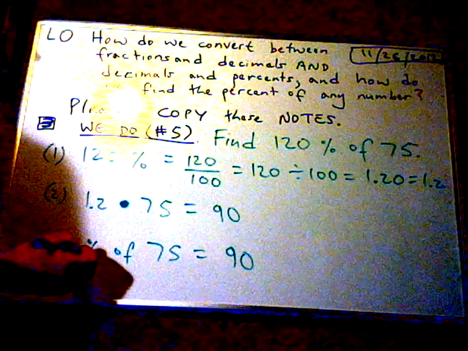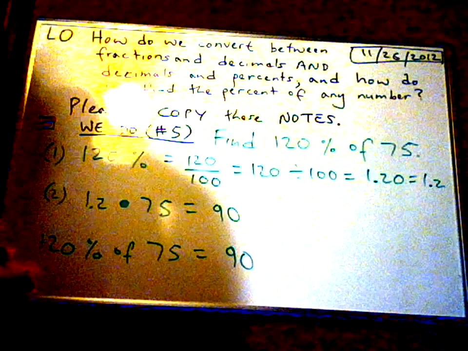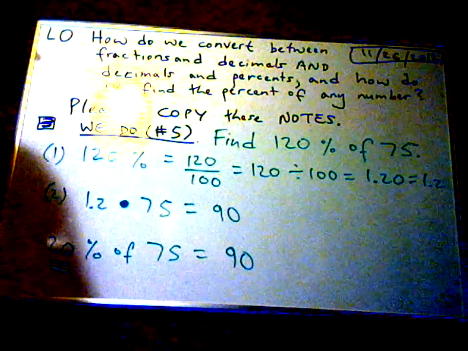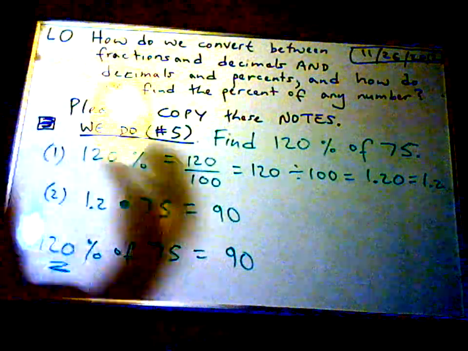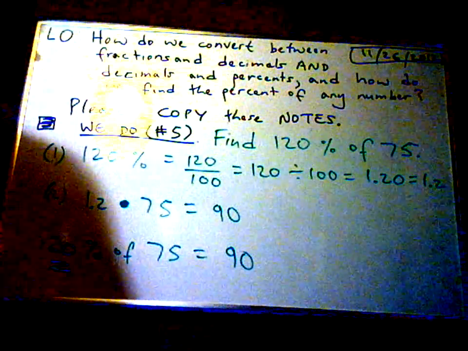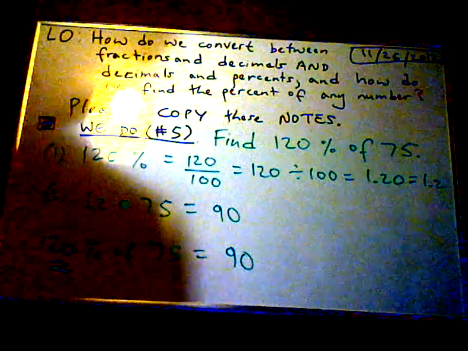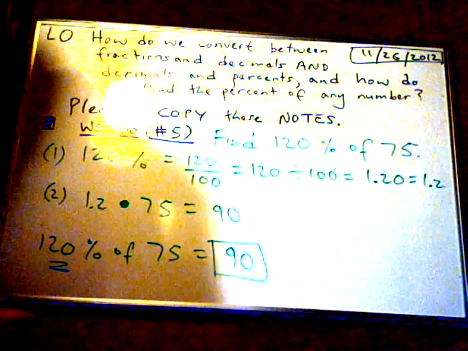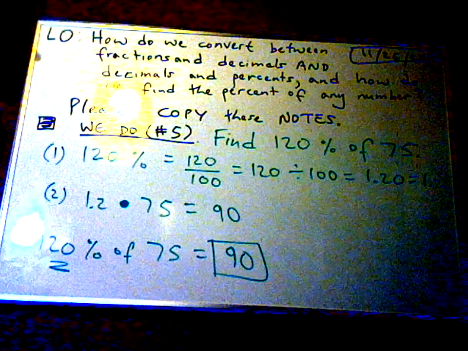In other words, I'm taking 100% of 75, all of it, plus an extra 20%, which would therefore give me more than 75, which is 90, okay? 120% of 75 equals 90.